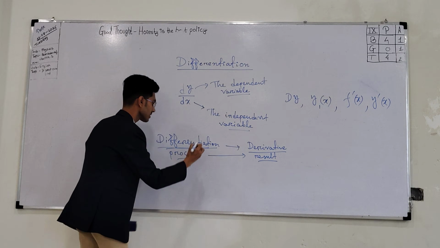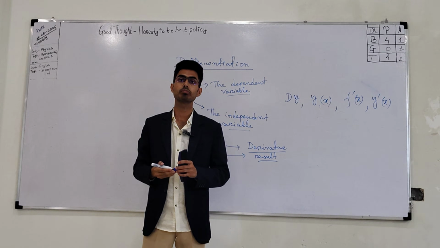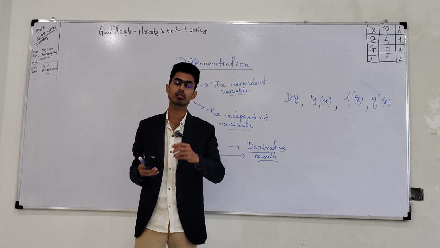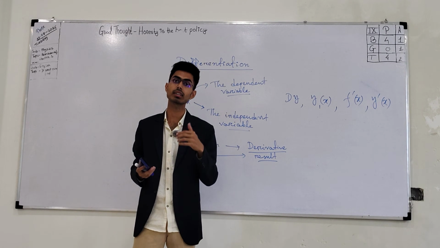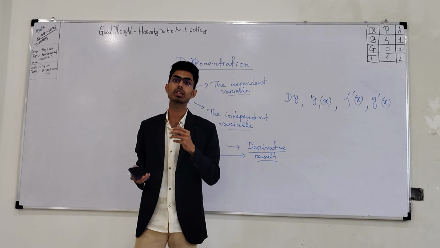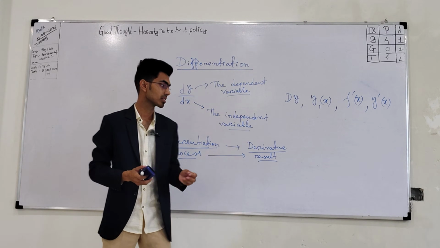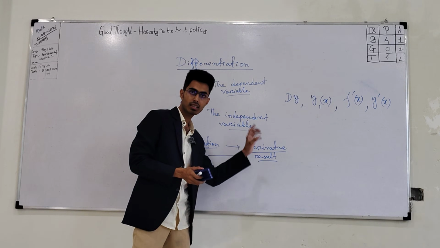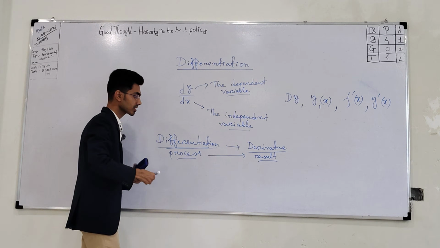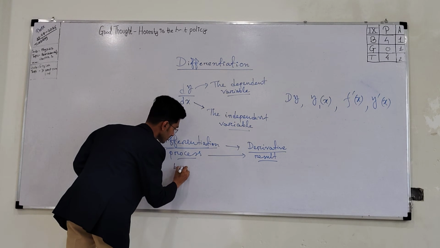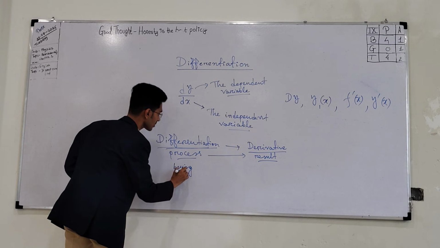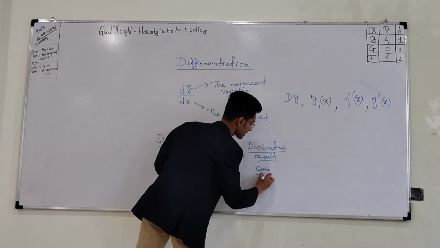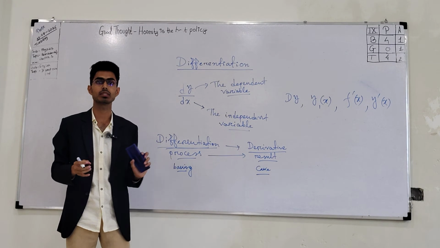For example, if we want to bake a cake, that means if we want to prepare a cake, we have to bake the ingredients of the cake. So the baking is the process and the cake is the result. So the baking is called the differentiation and the cake, which is the final result, is called the derivative.